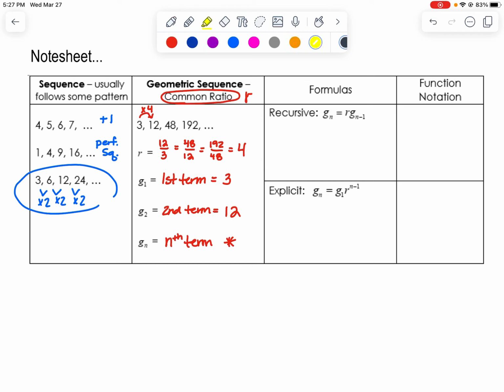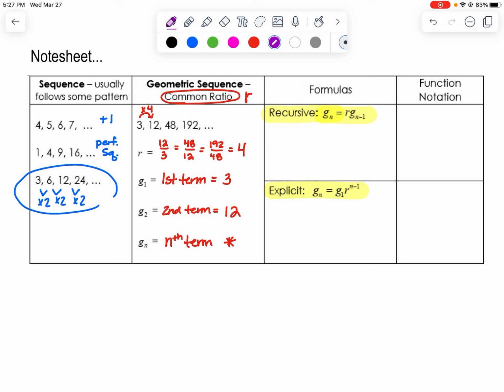So these two formulas are super, super important. They will be given to you on your test, but they are specific formulas for geometric sequences. And those give you a way to write G sub n. Notice both recursive and explicit are G sub n.